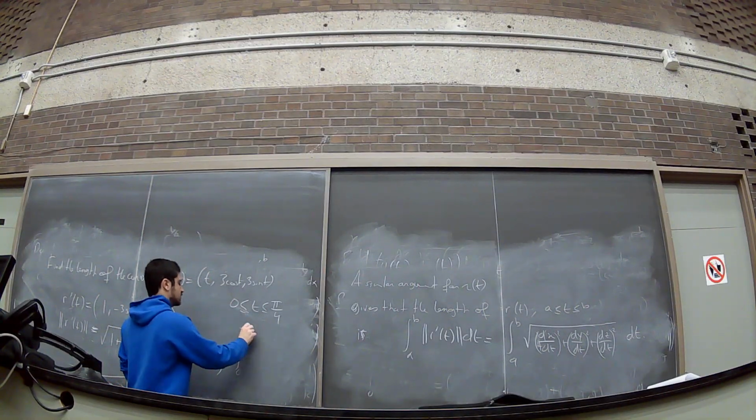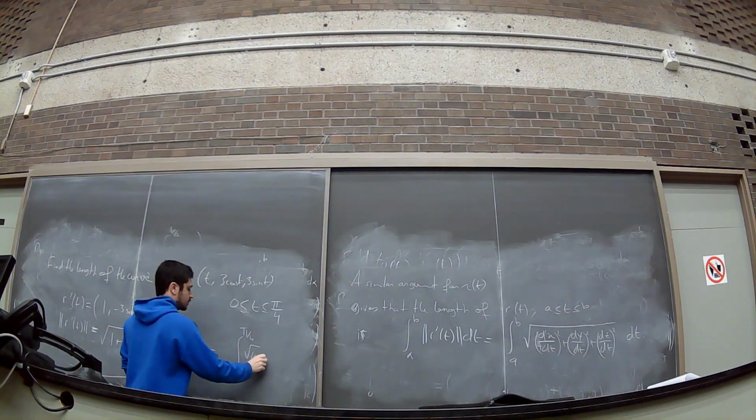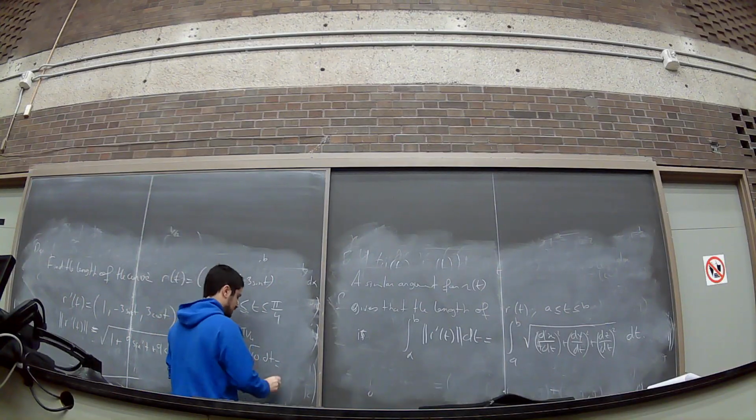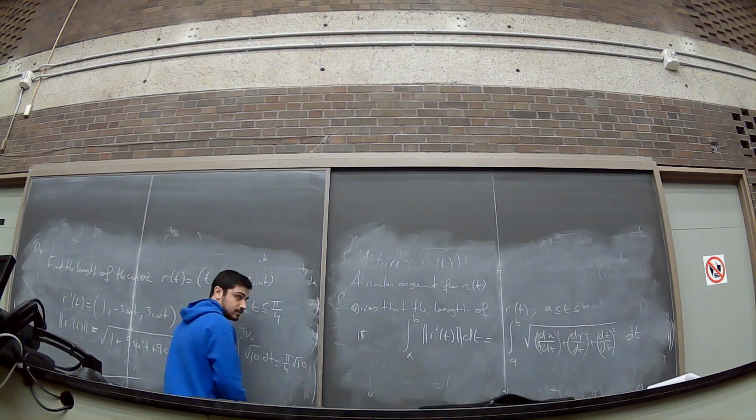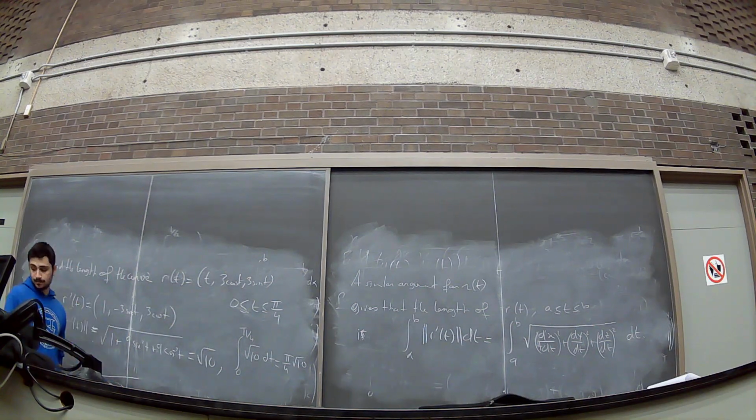So the length is the integral from 0 to pi over 4 of the square root of 10 dt. That is just pi over 4 times the square root of 10.